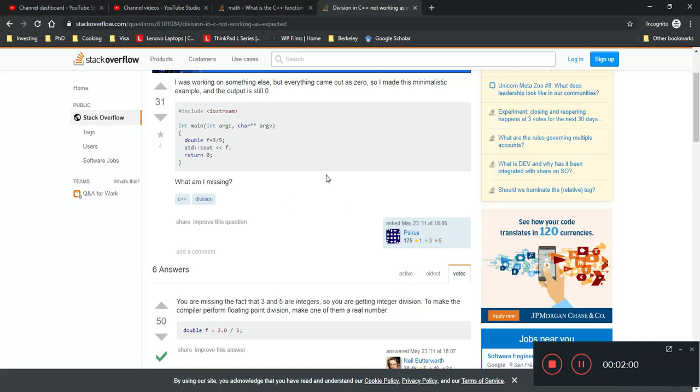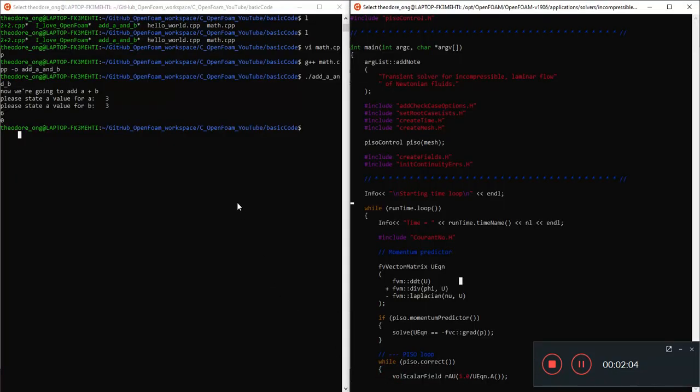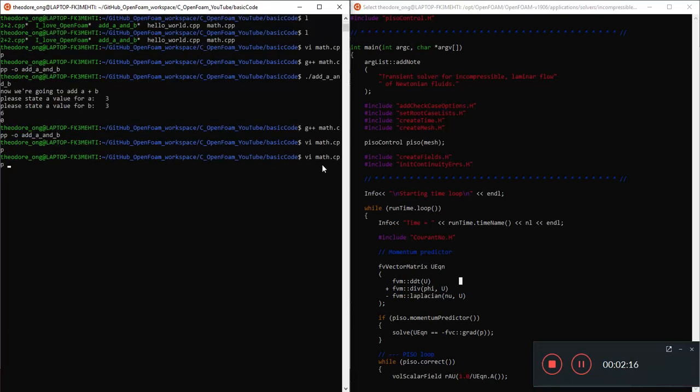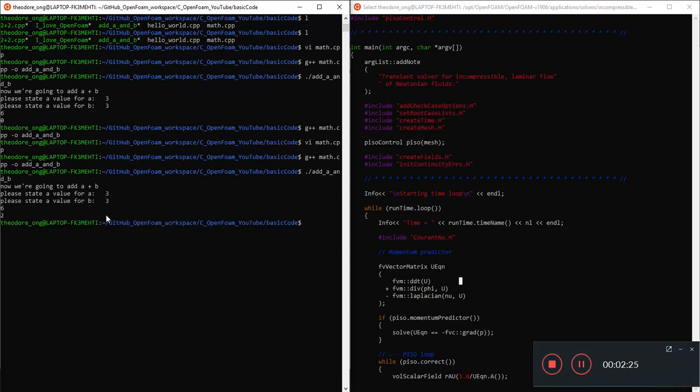So if we run 4 divided by 2 as integers, that should give us 2. Oops, compiled by mistake, vi math.c++. That means the division still works, but it's for integers only.